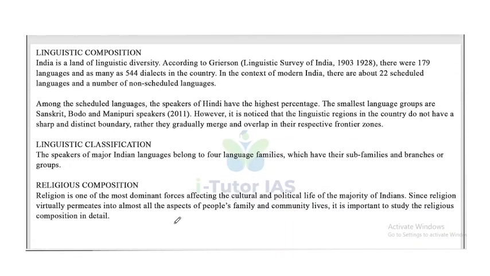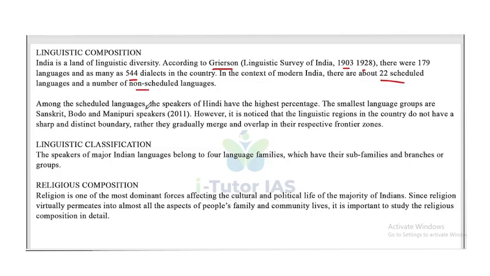Now, linguistic composition. India is a land of linguistic diversity. According to Grierson's Linguistic Survey of India, 1903-1928, there were 179 languages and as many as 544 dialects in the country. In the context of modern India, there are about 22 scheduled languages and a number of non-scheduled languages.